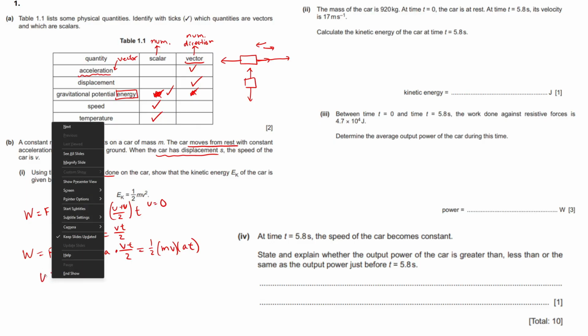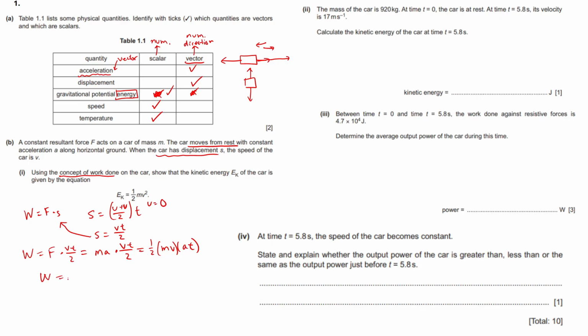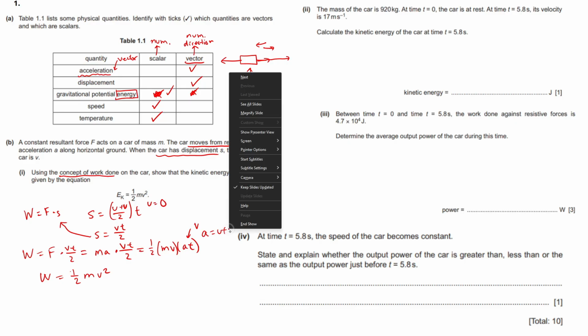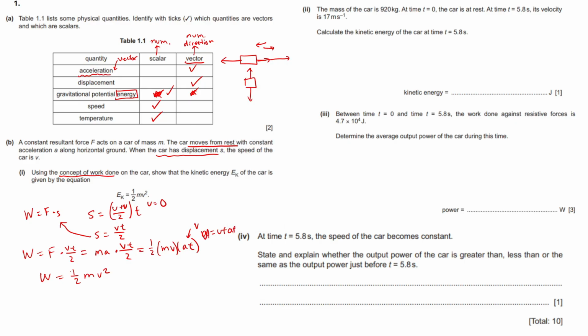And then it turns out we can simplify this into 1/2 mv squared. This is because v is equal to u plus at, but in this case u is going to be equal to 0, so it's just at. And thus our equation is E_k is equal to 1/2 mv squared, which is to be shown.